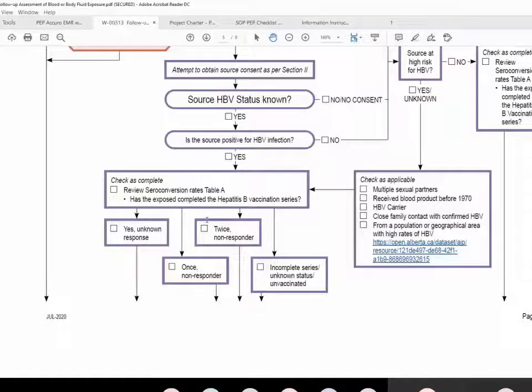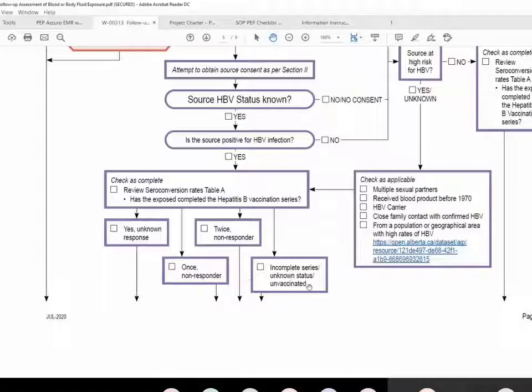So if they've completed their immunization series, but you don't know what the response is, whether they've mounted immunity, then you follow that pathway. If they've completed their series once, but they have not mounted immunity, you'd follow the second pathway. If they've completed a series twice and still haven't mounted an immunity, you're going to follow this pathway.